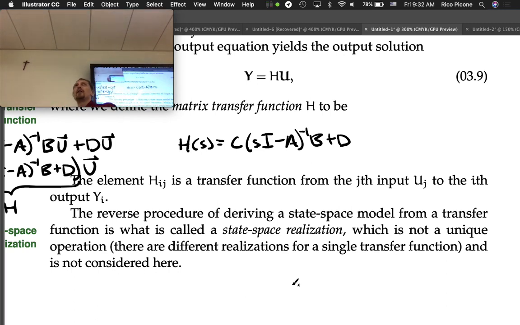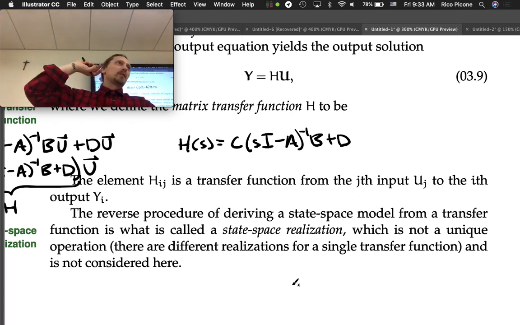And remember, the number of state variables is unique, but which variables they are is not unique. We have a procedure that determines them, but that's just for the one construction form that we have, and not a realization in this sense. The other thing to note is we're not going to consider that here. There is a description in the Rowell and Wormley text of how to go from transfer functions or input-output differential equations to state space models, but that's not something that we're going to consider.